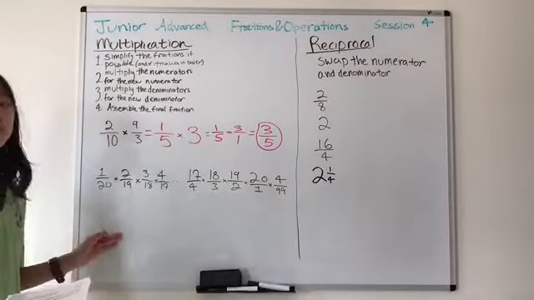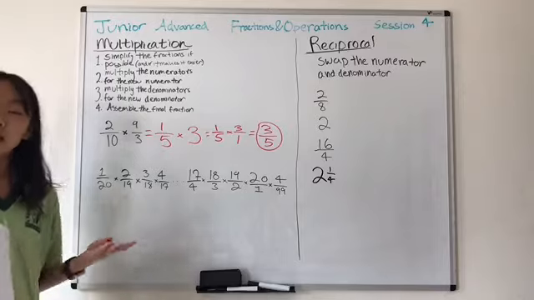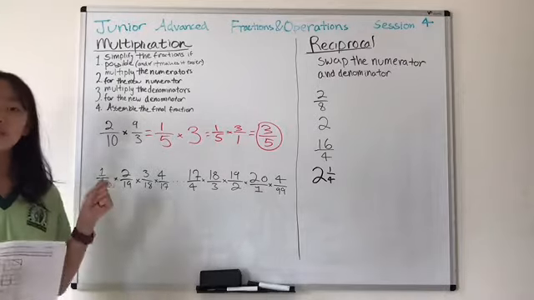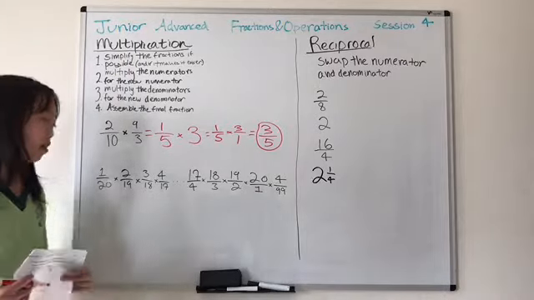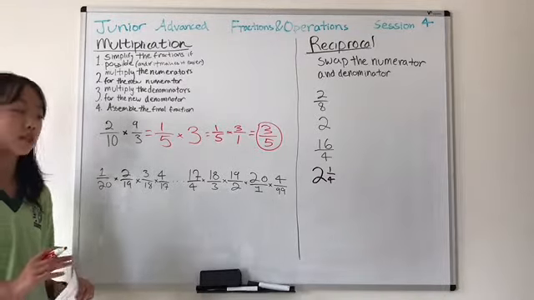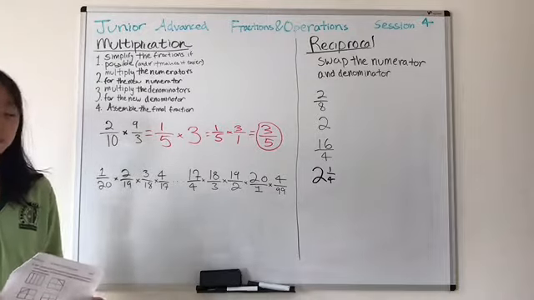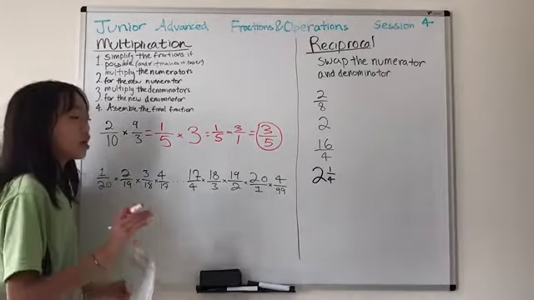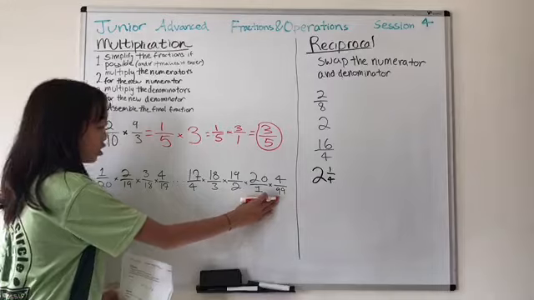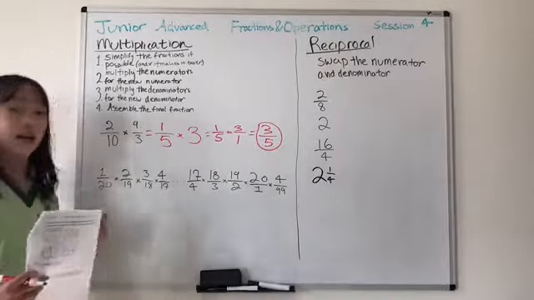Now for this problem, it's a lot more complicated because it's pretty long. So in this case, this is where you don't want to simplify. Because even though it may seem tempting to simplify this 3 over 18, you actually don't want to do that. So if we set aside this last fraction for now and just focus on these, let's look at the pattern here.